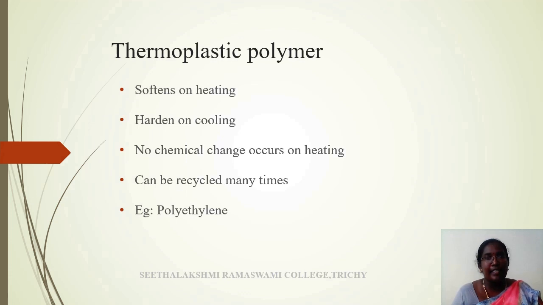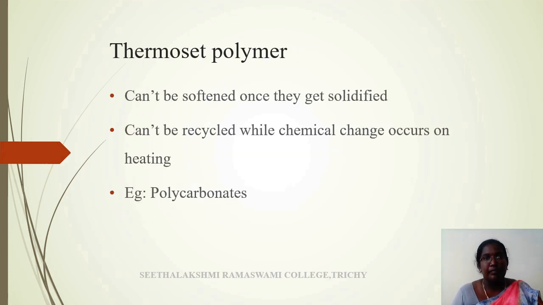If we heat the polymer, it melts and softens, and if we cool it, it hardens and takes different shapes. No chemical change occurs on heating, so it can be recycled many times. For example, polyethylene can be heated, melted, and cooled to harden into different shapes.